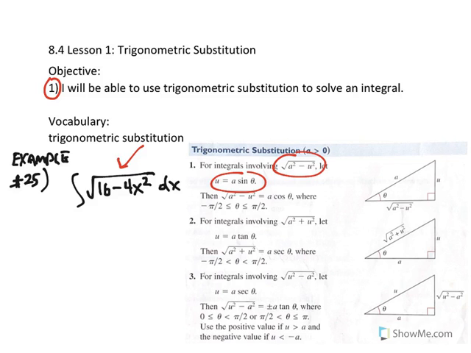In this particular problem, we had to use a power-reducing formula. We integrated, we obtained an antiderivative in terms of the new variable of integration, theta, and then using our trig substitution and drawing a triangle, we were able to write our antiderivative in terms of the original variable of integration x.